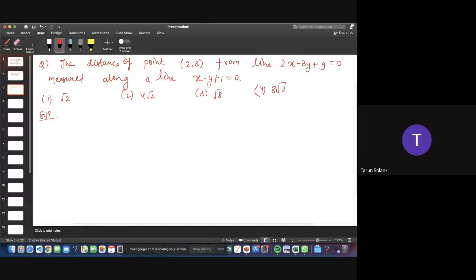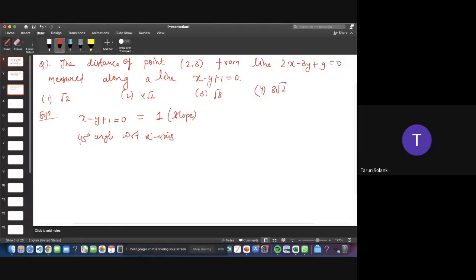The slope of the line x - y + 1 = 0 is 1. Slope 1 means it makes a 45-degree angle with respect to the x axis.